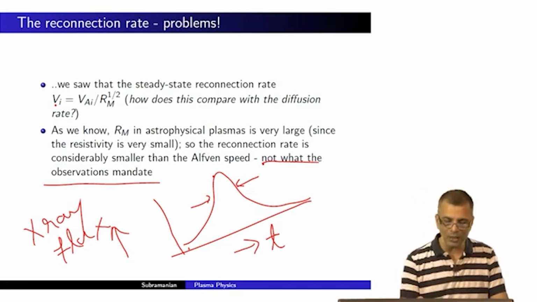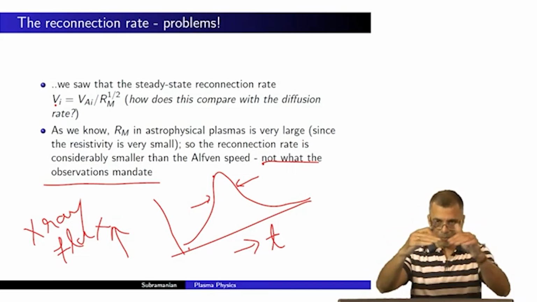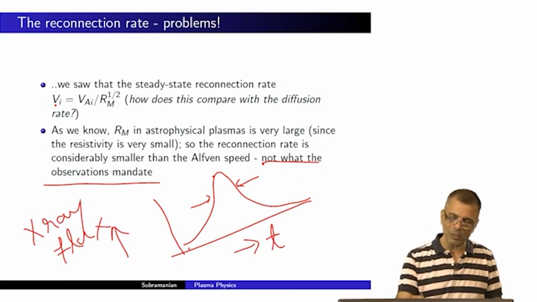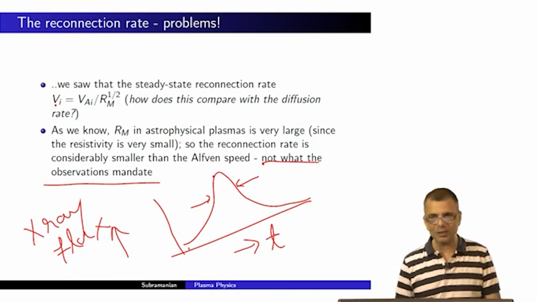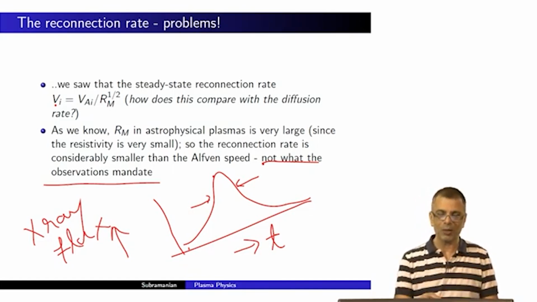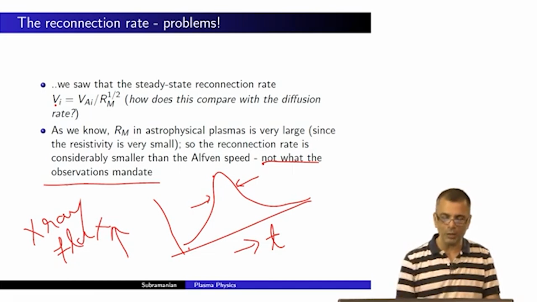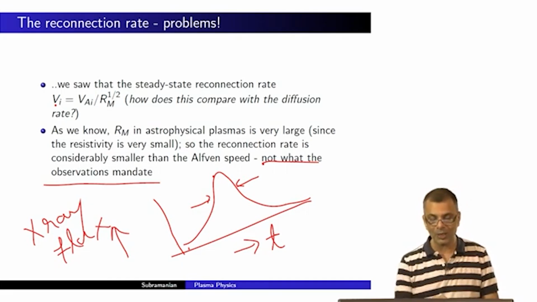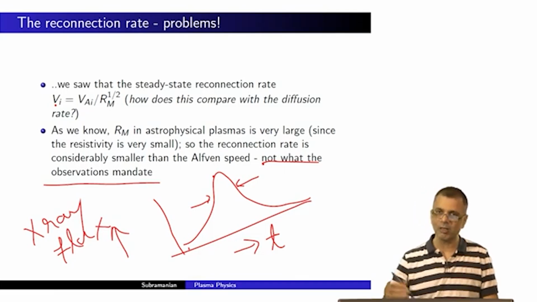You compare this with the Alfvén speed that you expect in the medium, and it turns out that the time scale over which this happens is roughly similar to the Alfvén time scale. Whereas if you plug in typically assumed numbers for the magnetic Reynolds number in astrophysical plasmas, it turns out that the reconnection rate is actually very, very small.